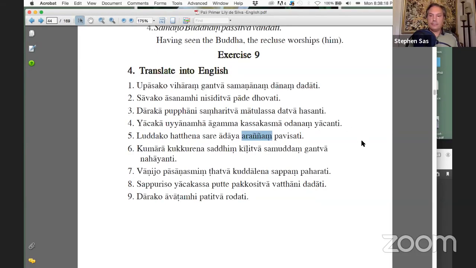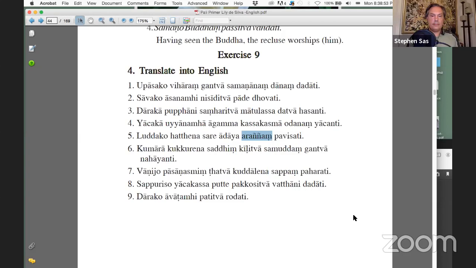Very good. Thank you. And now maybe we can try Vera for number 7. Good morning. Vanijo pasanasmim thatva kudalena sappam paharati. Having stood on the rock, the merchant hits the serpent with the hoe. Vanijo is nominative singular.